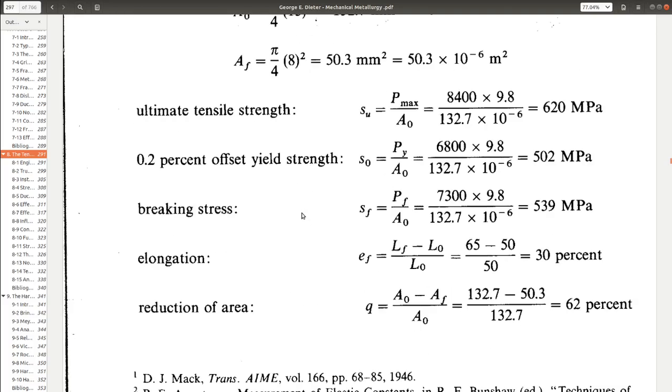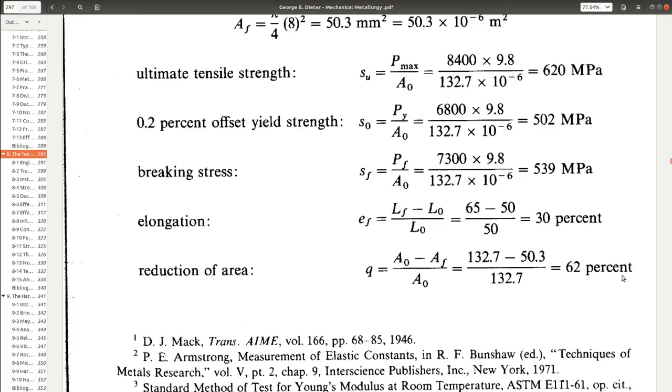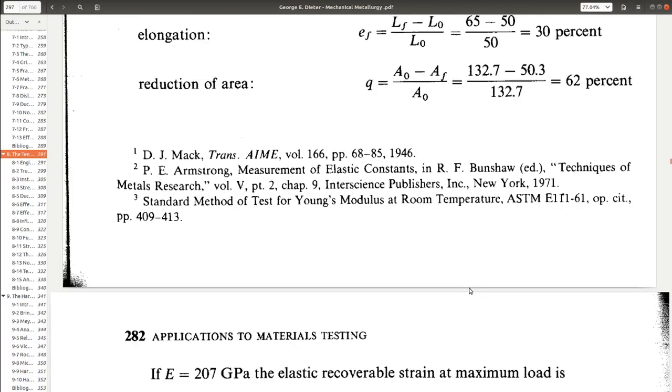The reduction of area formula is (A naught minus AF) by A naught, and if we plug in the numbers, we get 62%, and if you notice, this value is different from this value.